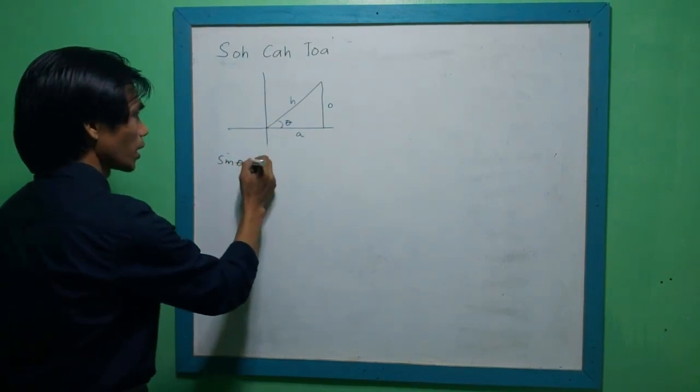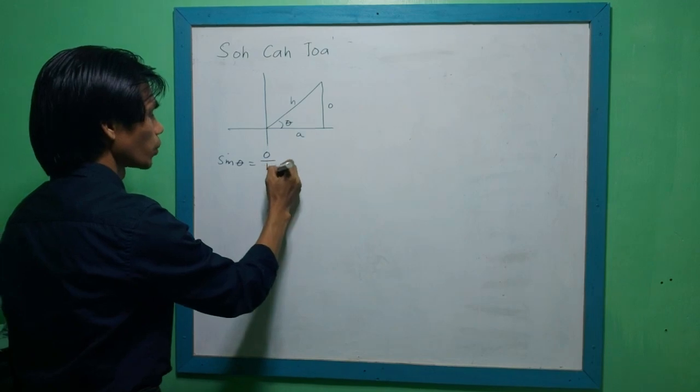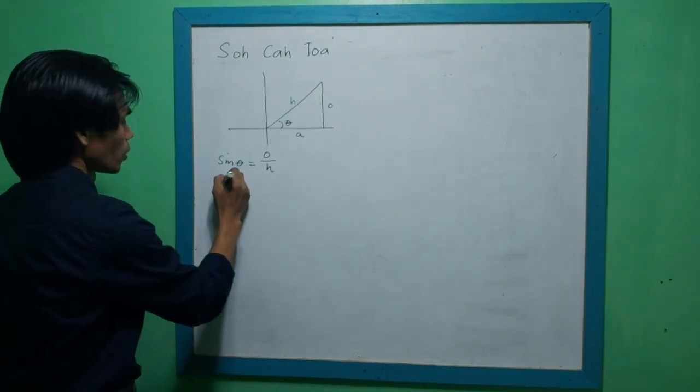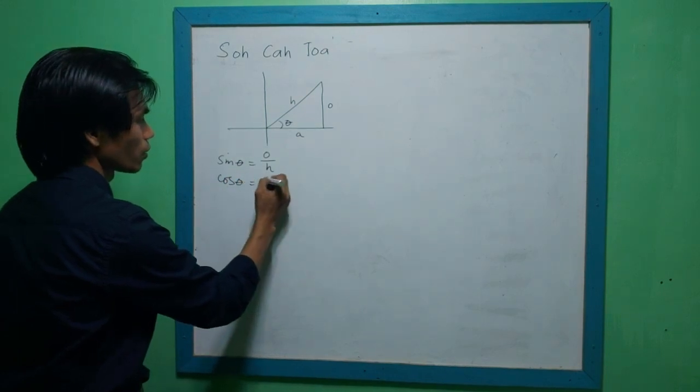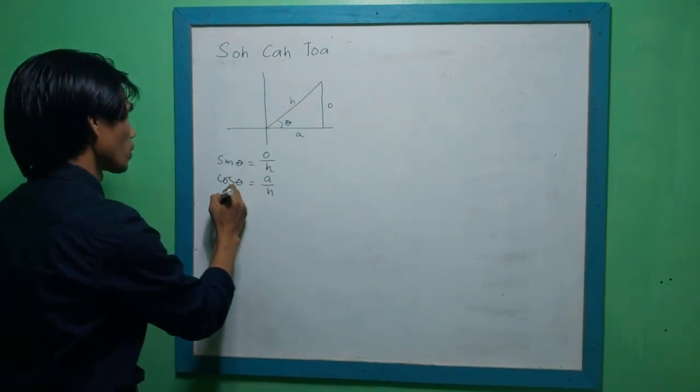So, sine of theta is equal to the opposite over the hypotenuse, right? And then, cosine of theta is equal to the adjacent over the hypotenuse.